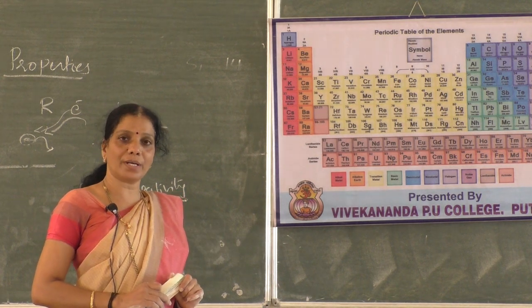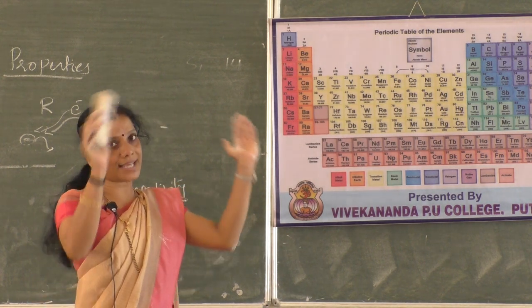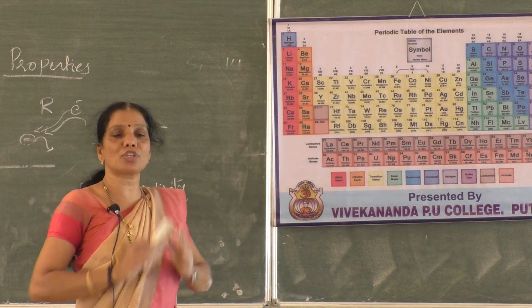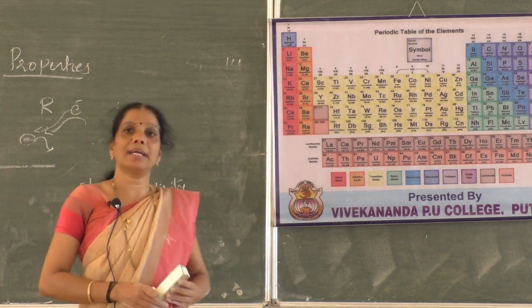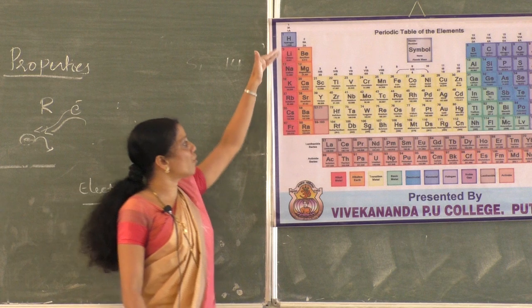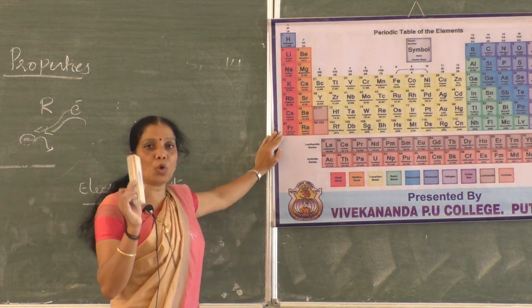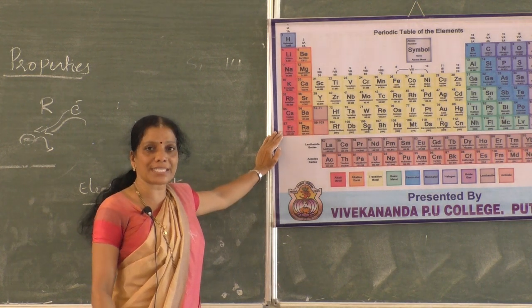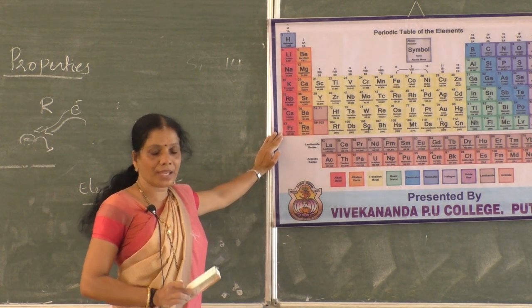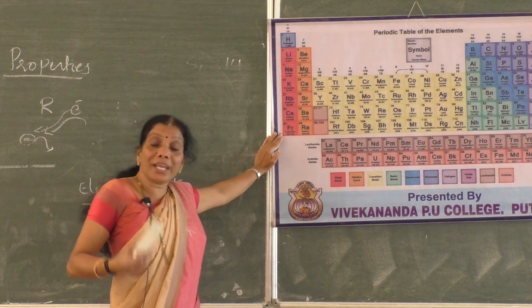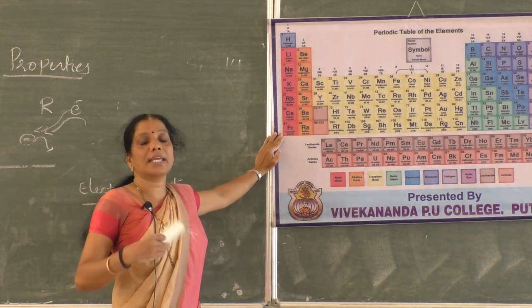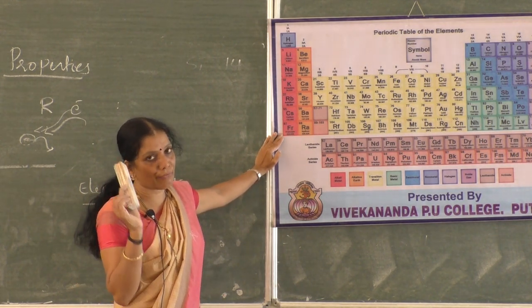Nuclear force of attraction, what happens? Decreases. As the size increases, nuclear force of attraction decreases. Tell me now, nuclear force of attraction decreases means tendency to lose the electron also, what happens? Increases. Tendency to donate the electron also increases.